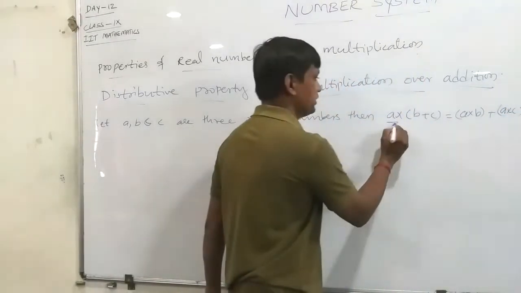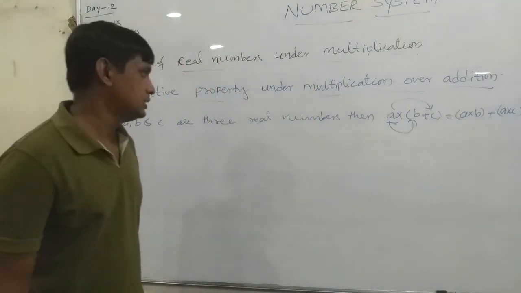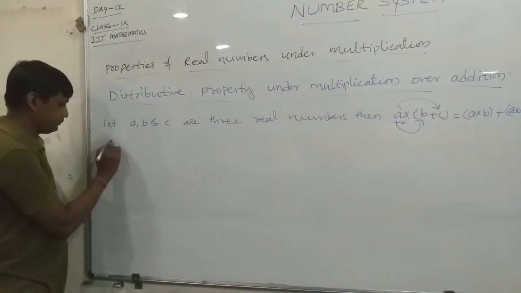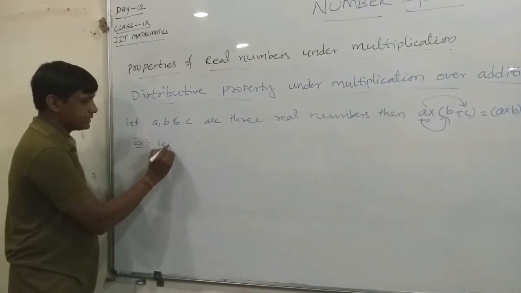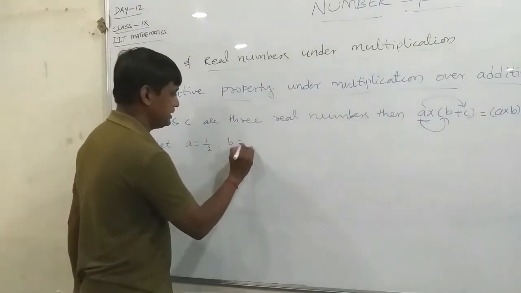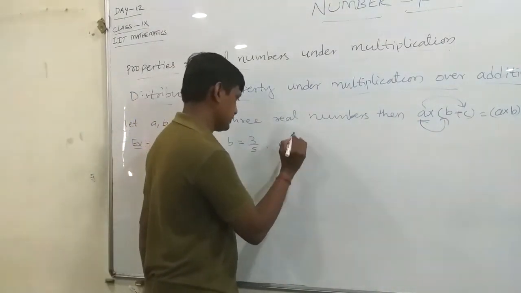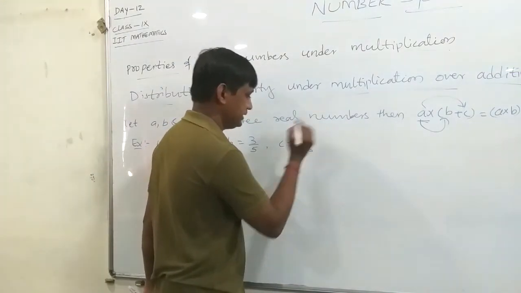So here this a is going to be multiplied to b as well as c. So here I am taking one example. Let a is equal to 1 by 2, b is equal to 3 by 5, c is equal to 5 by 3.